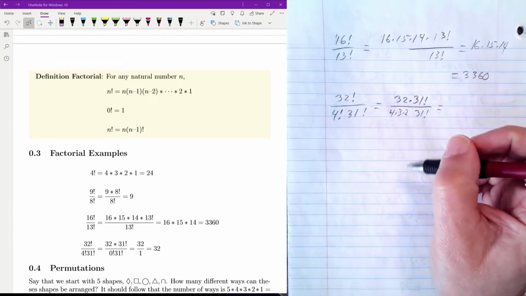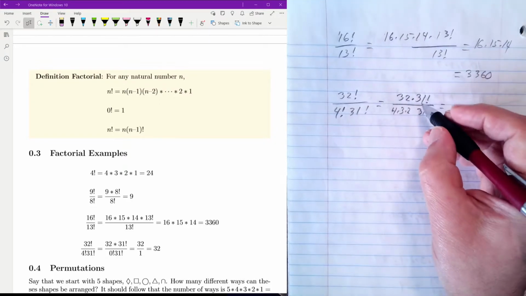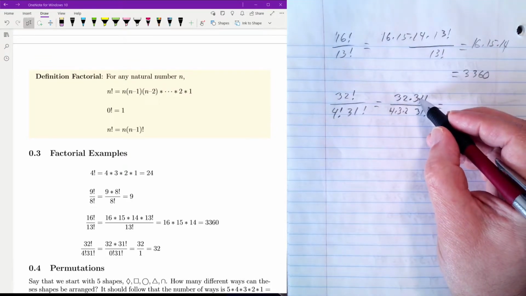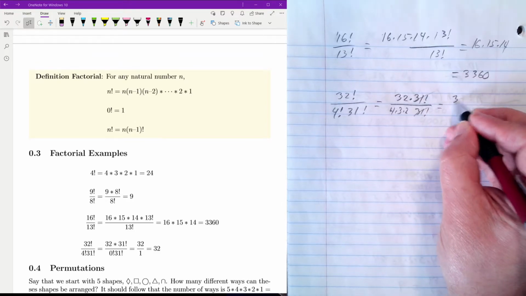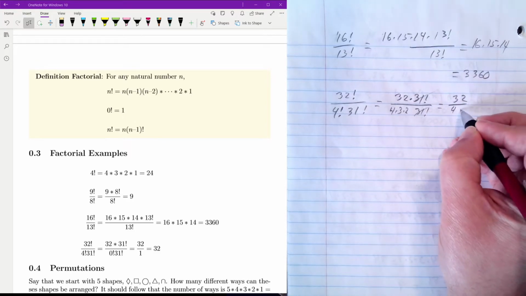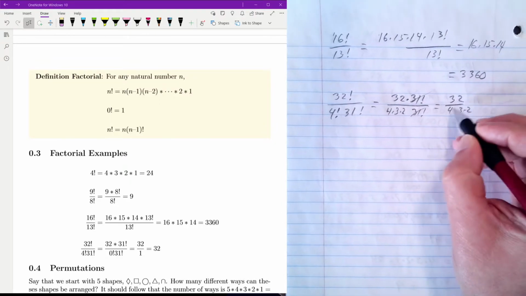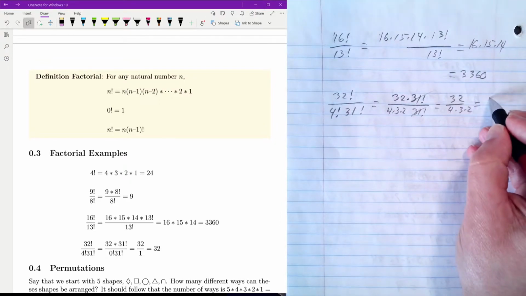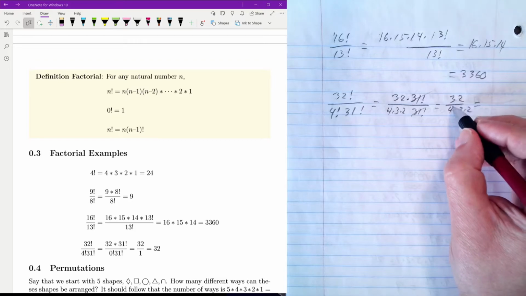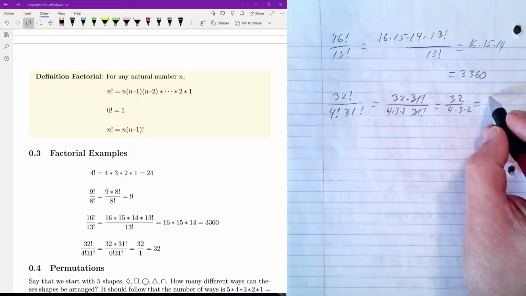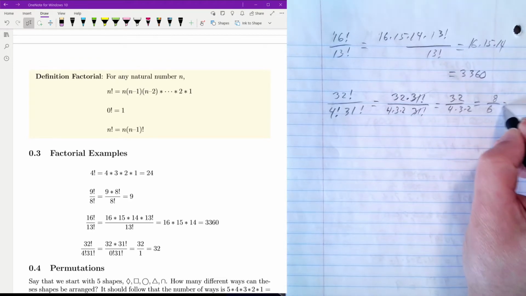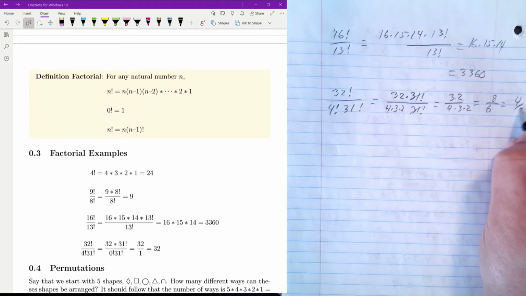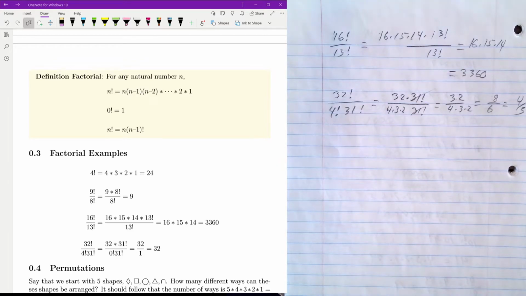I've got a typo up there, sorry. So we end up with 32 divided by 4 times 3 times 2. That's equal to 32 divided by 4 is 8. 8 divided by 6, which is equal to 4/3. I'm just going to correct this typo.